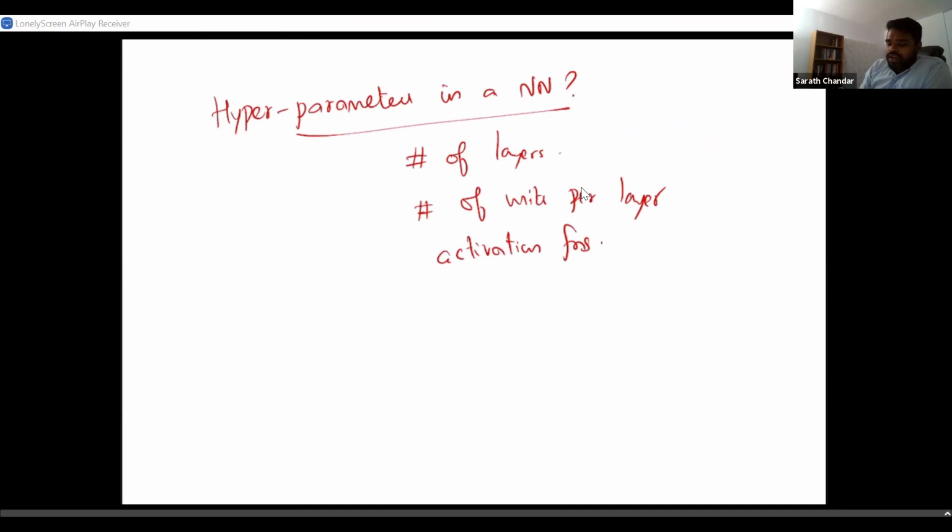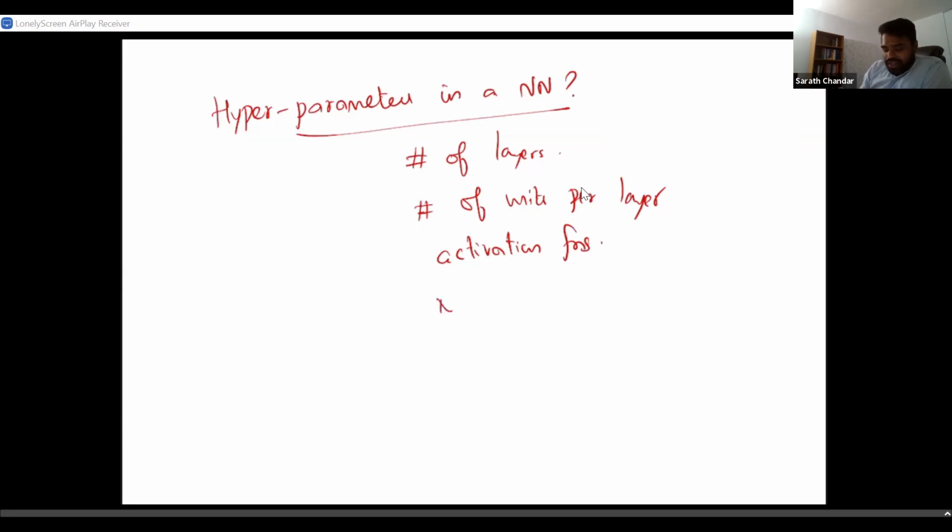Yeah, the dimensions is what I mean by the number of units per layer. What do you mean by the configurations of the layers? Yeah, well, you could say network.